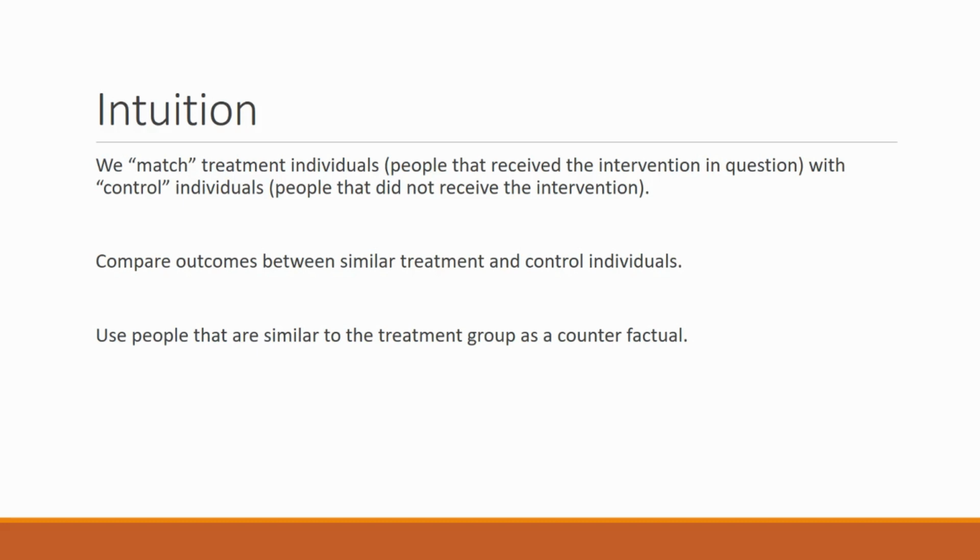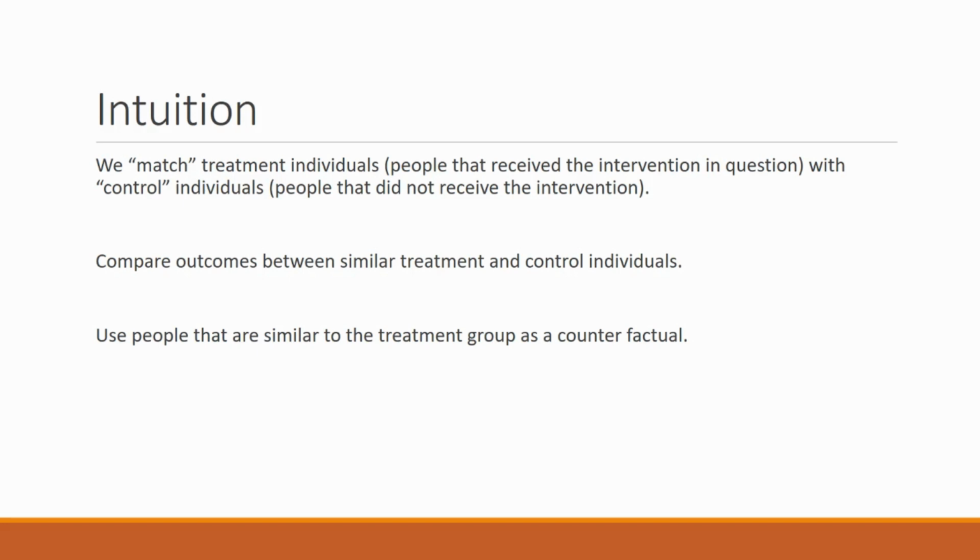So now we're going to be matching people. Why do we do this? The basic idea is if we match similar people, we might be able to construct a treatment group and a control group that are the same on average, because we're selecting people that are the same.